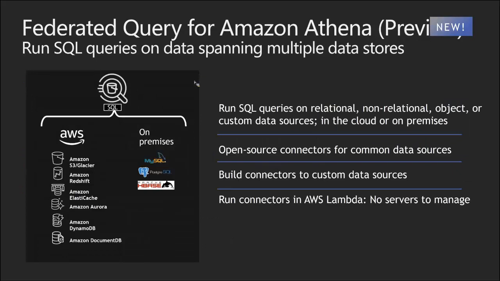And then finally, Federated Query is where you run SQL queries from Athena on multiple data sources, and Aurora is one of them. So basically, you can run a SQL query that will read from Aurora in addition to S3, DynamoDB, Glacier, Redshift, Elasticache, all of these different AWS database services or storage services. You can run that query.